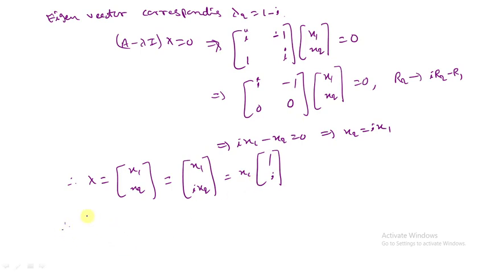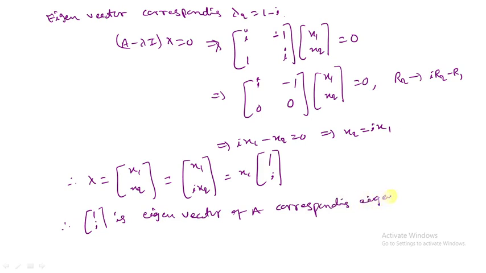Therefore, (1, i) is the eigenvector of A corresponding to the eigenvalue lambda 2 equal to 1 minus i. Now you can say this tuple, eigenvalue and eigenvector, is an eigenpair.